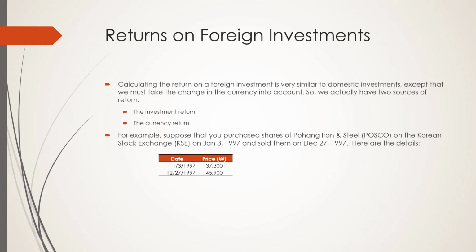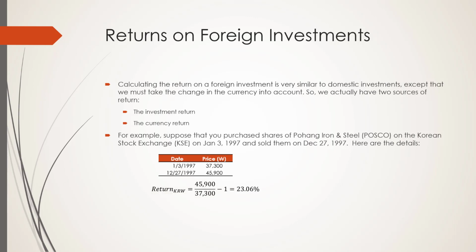So here's the situation. On January 3rd, you bought the stock for 37,300 won. Now keep in mind that you would have to convert your dollars into won before doing this transaction. So that's where the currency play comes into effect. And then on December 27th, you sold the stock for 45,900 won. That looks pretty good.